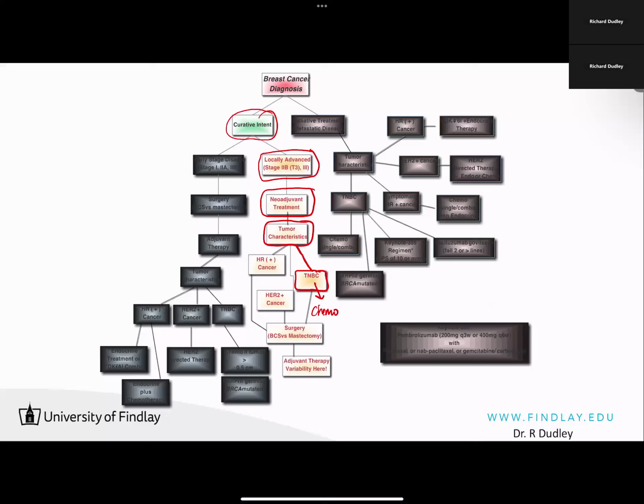So that's going to be an option. If your patient has HER2 positive breast cancer, in the neoadjuvant setting, excuse me, we are going to use chemotherapy, but we're also going to add on HER2-directed monoclonal antibodies, such as trastuzumab. And if it's large enough and aggressive enough, we can add on pertuzumab.